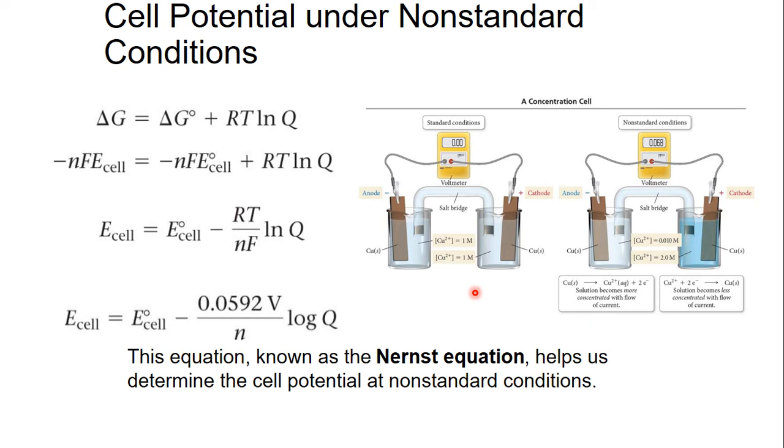The last thing we're going to look at is how to calculate these batteries under non-standard conditions. Remember, non-standard means we get a Q now. We're not at standard conditions. And all we have to do is slightly modify our equations to have this value of Q be relevant now. So let's look at how we can do this using the Nernst equation.